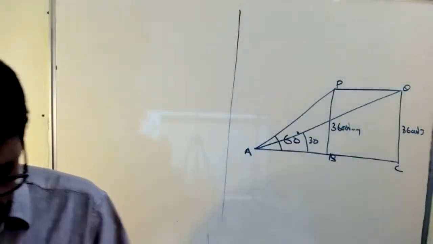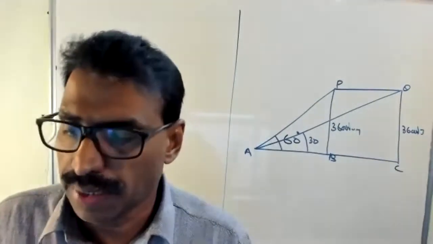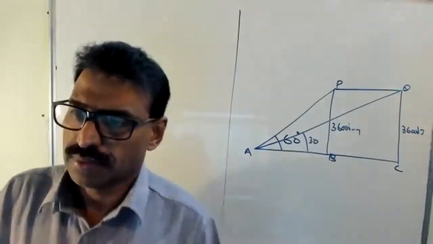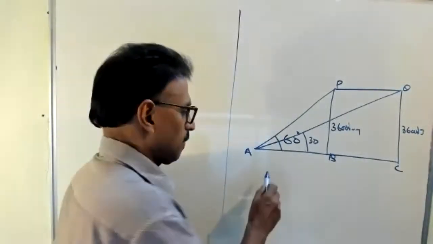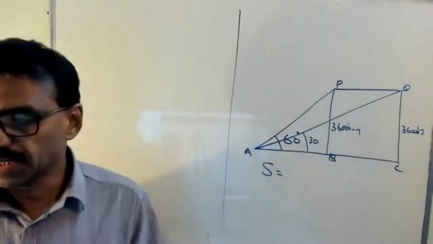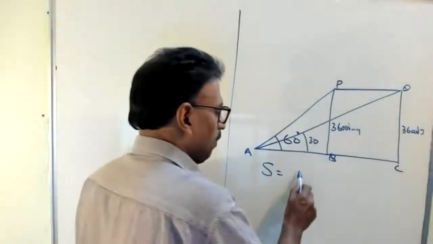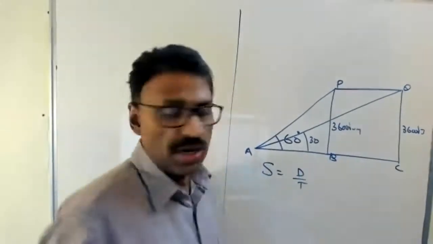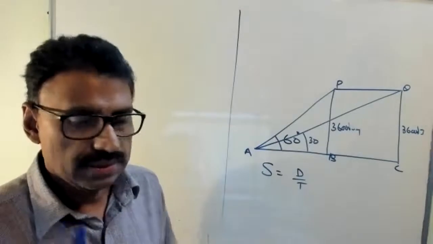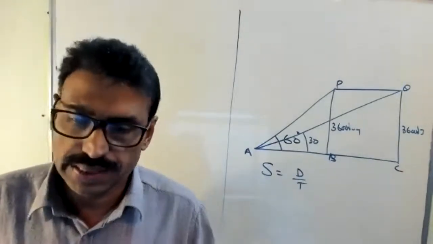Okay, my plan, look at here. How to find the speed? Speed equals distance divided by time. We are going to find the distance covered by the flight in 30 seconds.